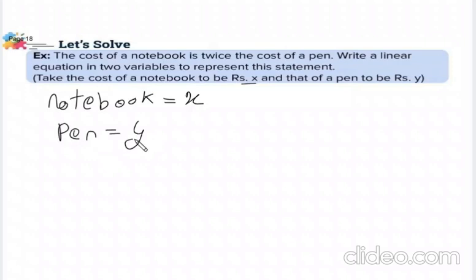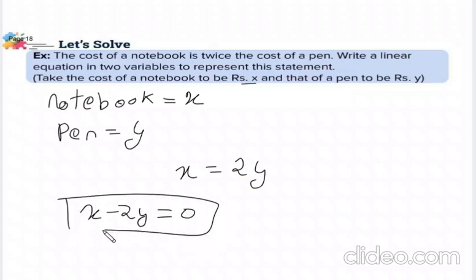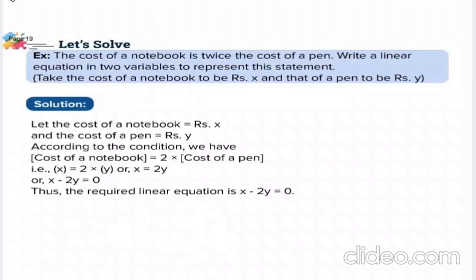Now what is given? The cost of the notebook, x, equals twice the cost of the pen, that is 2y. And if I want to represent it in the form, I will write it as x - 2y = 0. That will be my linear equation in two variables.